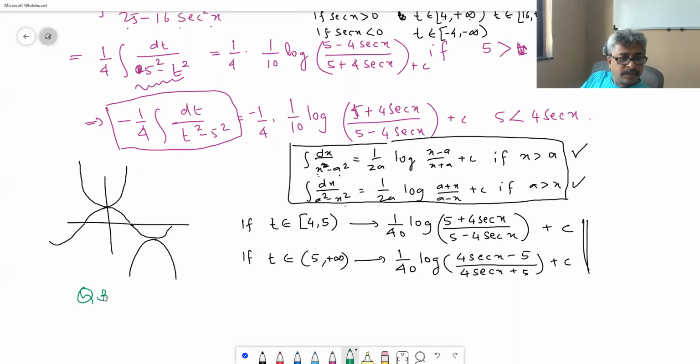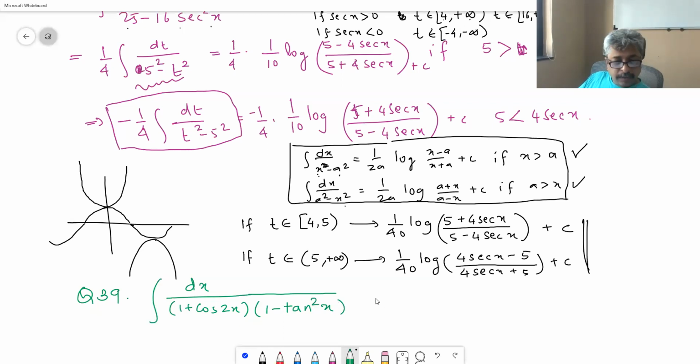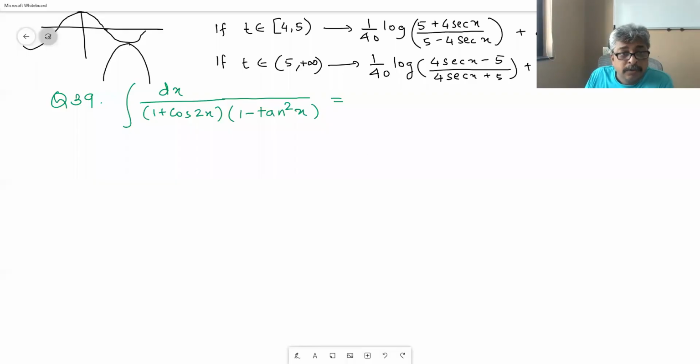Question 39. Integral dx upon 1 plus cos 2x into 1 minus tan square x. Correct. Let me write down one solution.